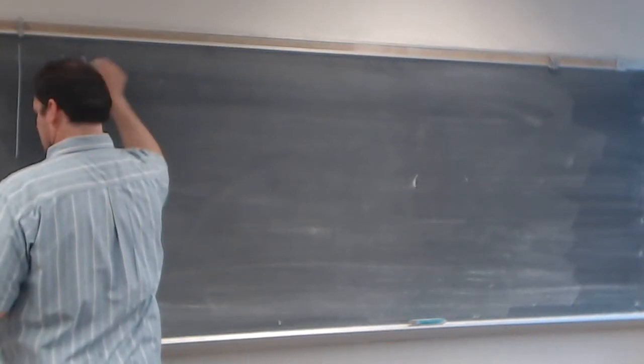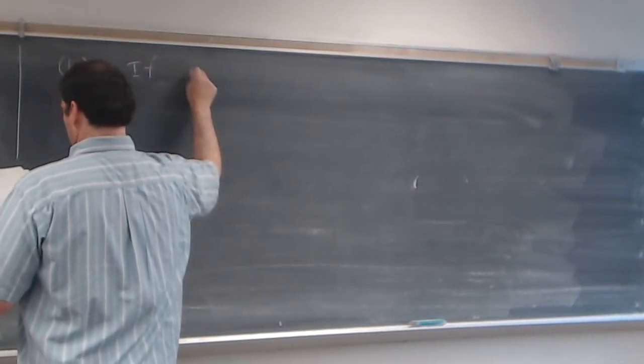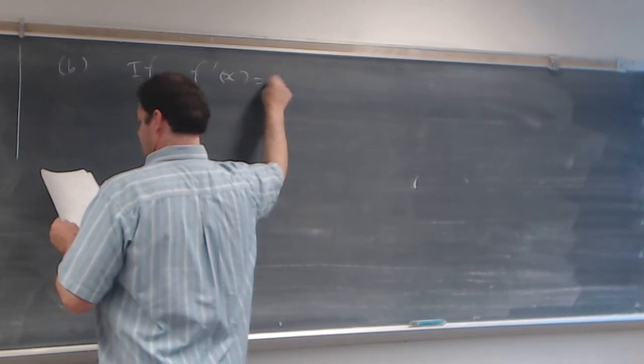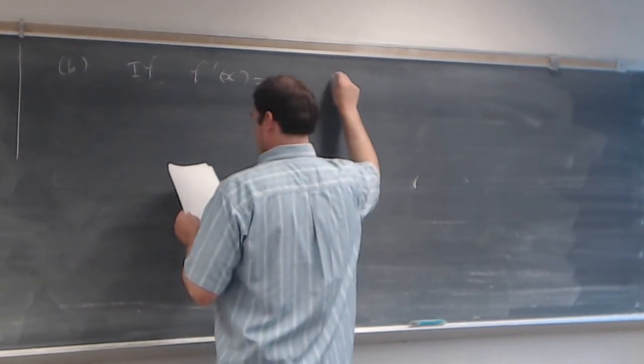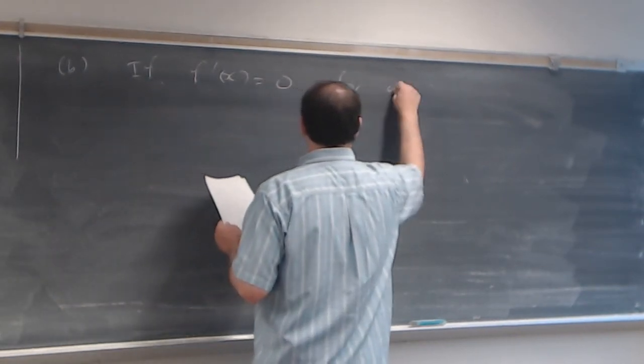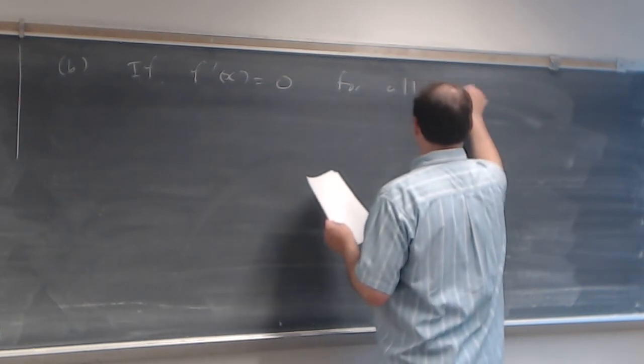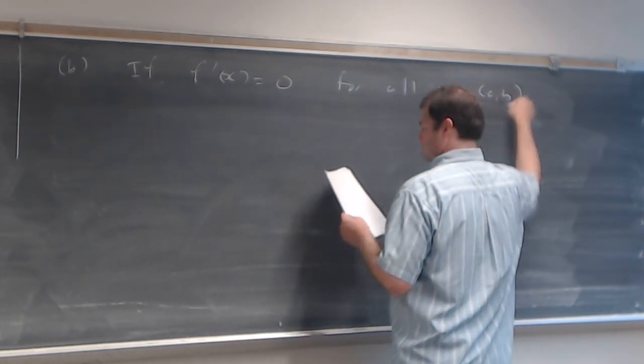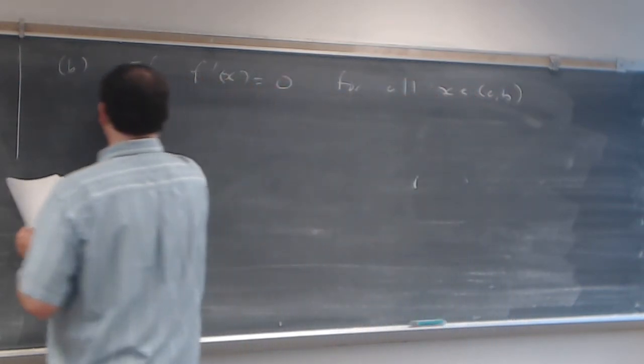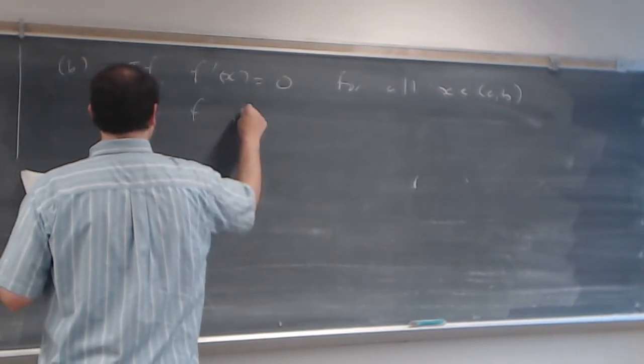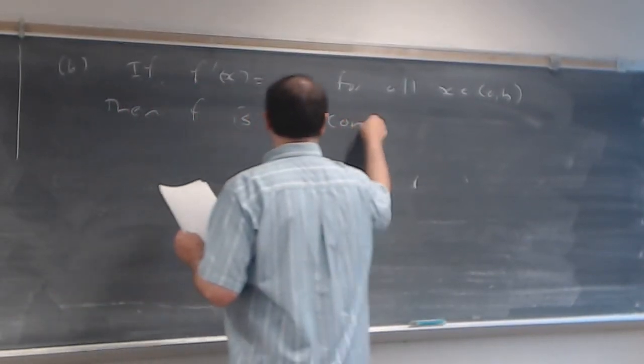Part B, if f prime of x equals 0 for all x in (a, b), then f is a constant.